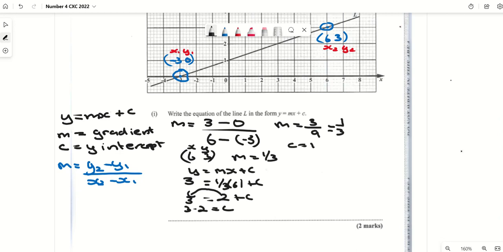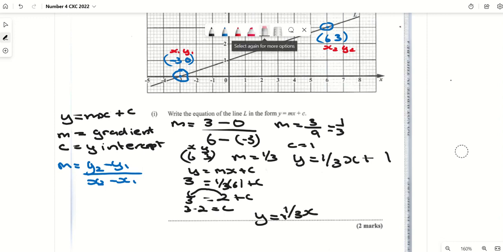Now we're going to put it back in the formula. y is equal to m, which is a third, x, plus what is c? c is 1. And this would be your equation of the line. Let me just erase that line. y is equal to a third x plus 1.